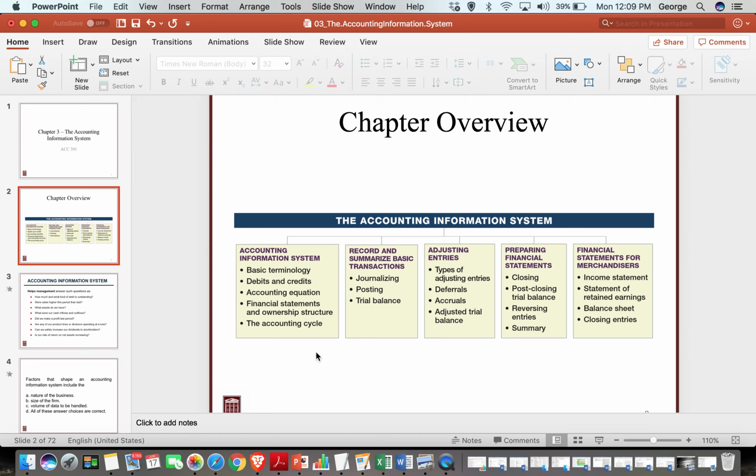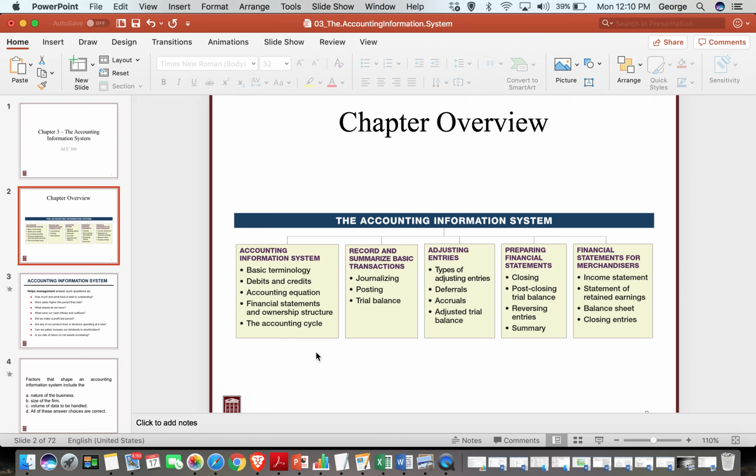And then adjusting entries. There are typical types of adjusting entries: deferrals, which would be prepaids and unearned revenue; and accruals, like accrued interest or accrued salaries. Then we'll look at the adjusted trial balance. Don't be confused by that; it's just your trial balance plus the adjusting entries.